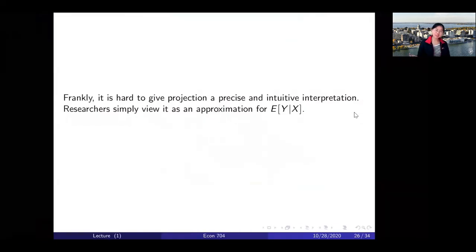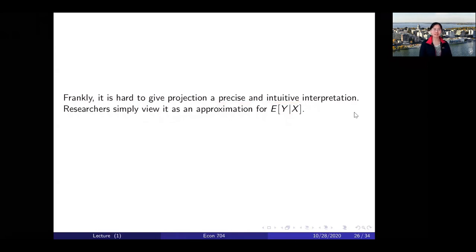So how do you interpret the projection model? We have talked about interpretation of the linear conditional mean model. Now, if the conditional mean is nonlinear, the linear regression equation cannot be interpreted as a conditional mean model, but instead it could be a linear projection model. But how do we give a precise and intuitive interpretation for the linear projection model?